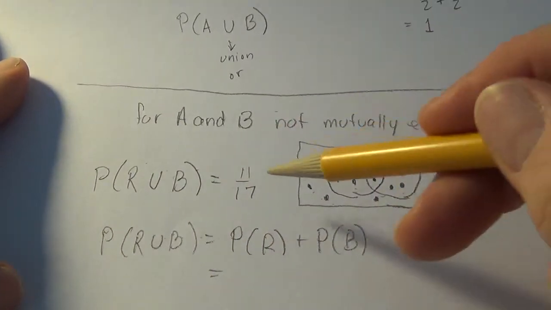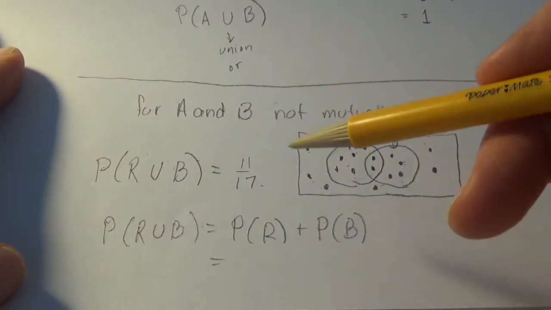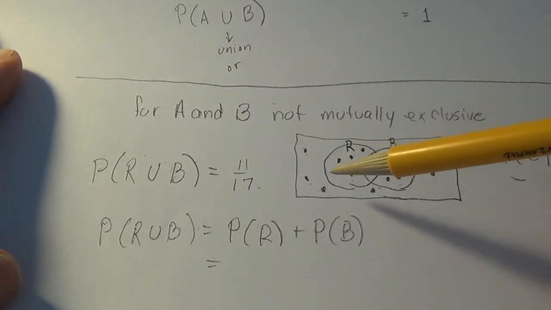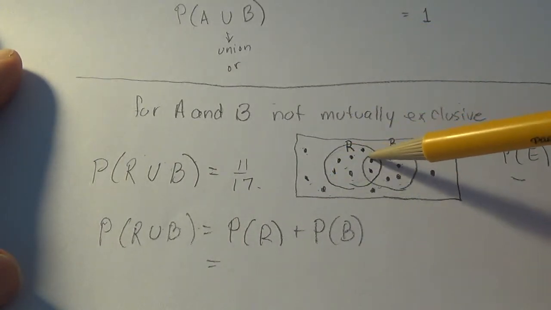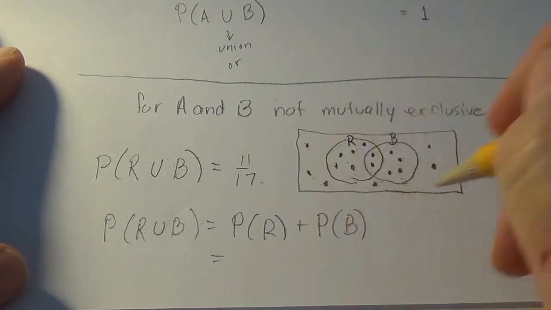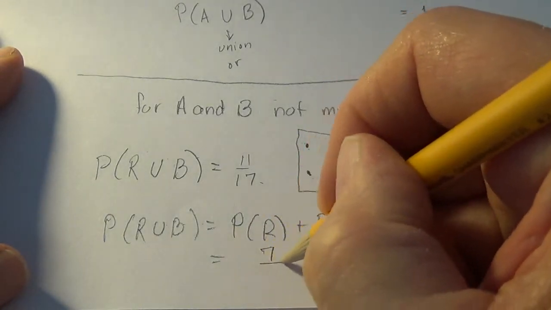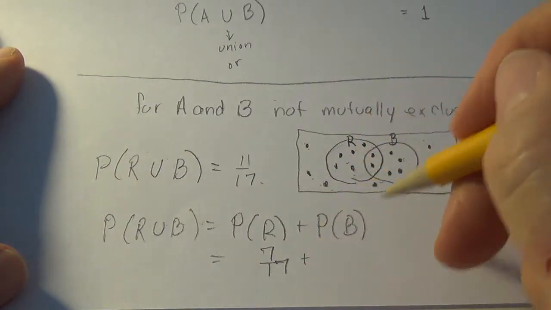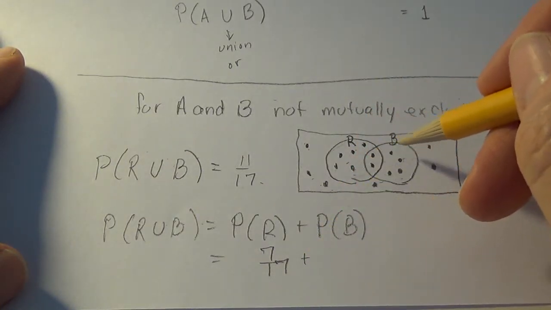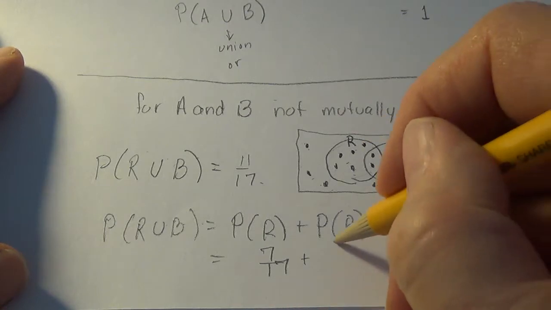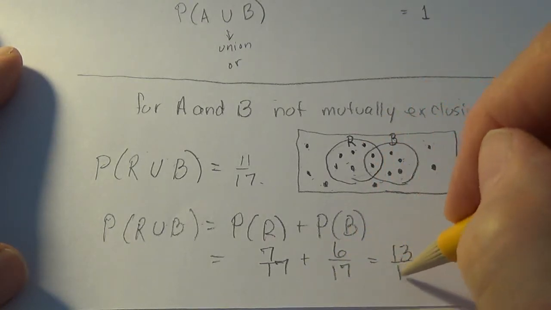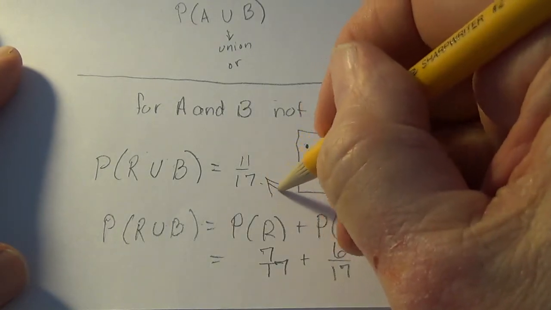We know the answer should be 11/17, so we're going to test this theory. The probability of red is 1, 2, 3, 4, 5, 6, 7 out of everyone, which is 7 out of 17. And the probability of boys is 1, 2, 3, 4, 5, 6 out of 17. So when I add those together, I get 13 out of 17. So how's that compare?